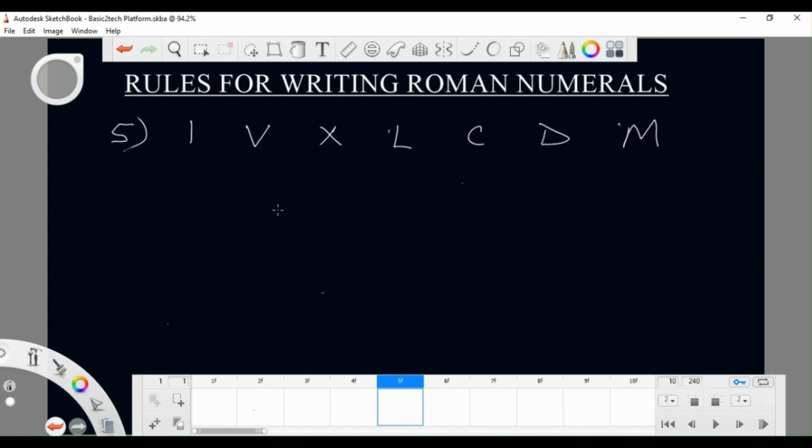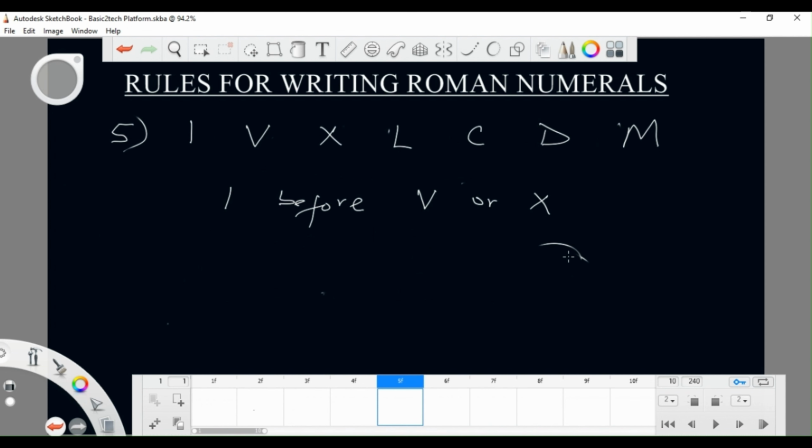That means that I can only place I before V or X. I cannot place I before D or M. No, no, no. That is why you cannot find anything like ID. No, there's nothing like IC. We can only place a numeral in front of the two numerals that are closest to it.